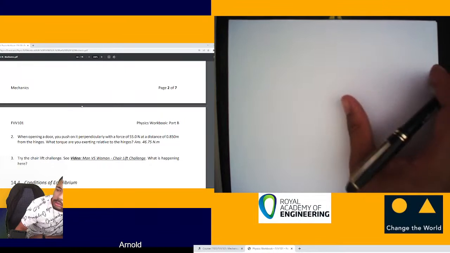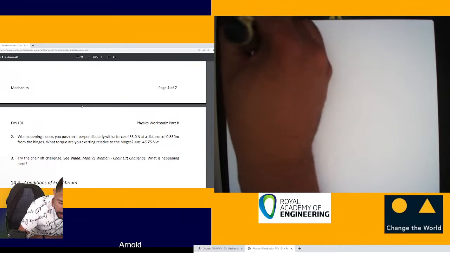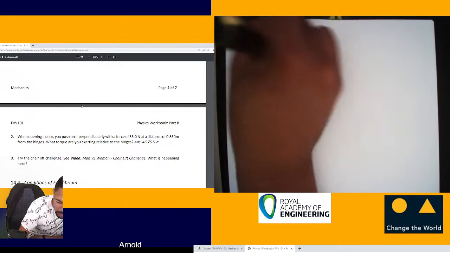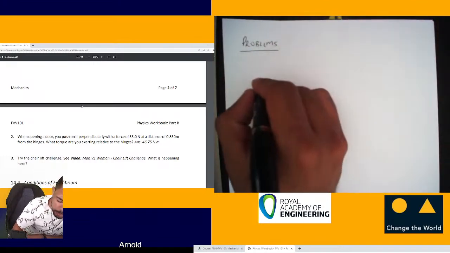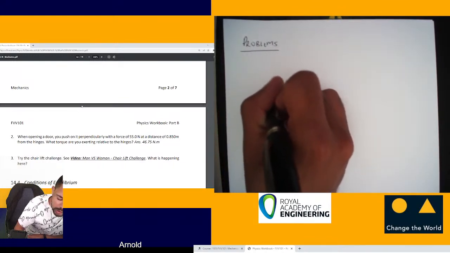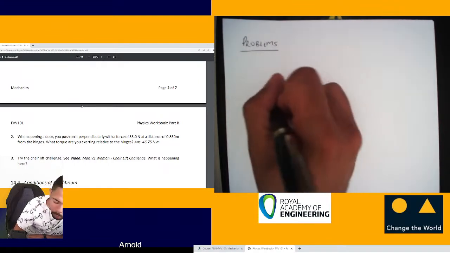They're all physics textbooks. So, these are the problems. I'm going to draw most of these situations. This is the pivot point.